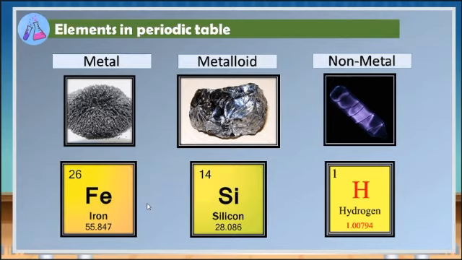So, meaning it possesses both characteristics coming from metal and non-metal. Metalloid, nasa gitna siya. Of course, we have non-metals, which is hydrogen. Hindi siya ganun ka-shiny, very brittle siya, and not a good conductor of heat or electricity. Para siyang good insulator.